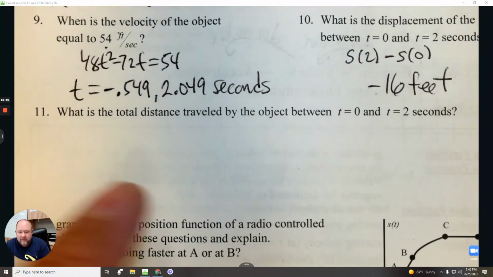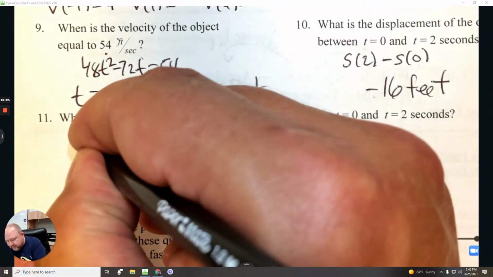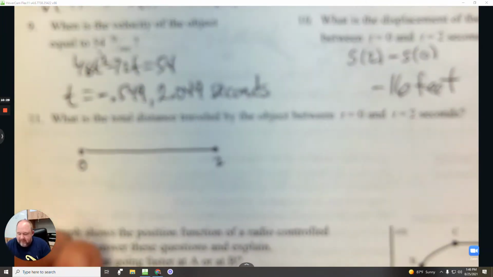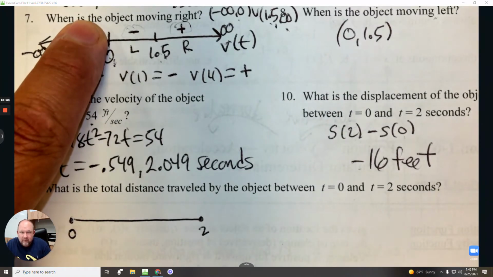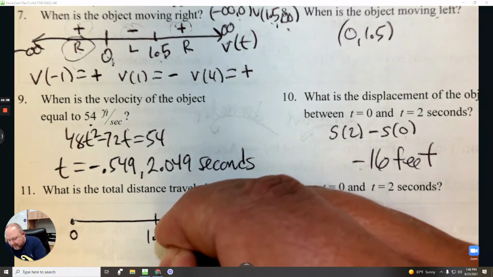Alright, next part is the total distance from 0 to 2. To understand total distance, we need to understand if the object has changed direction in that interval. So when I look at this number line here, from 0 on, notice it changed direction at 1.5.